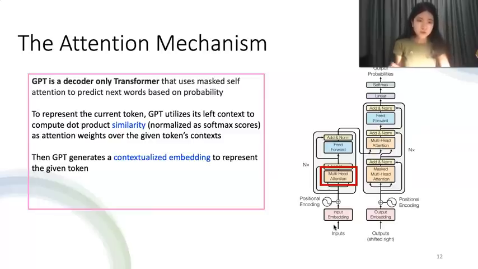But if you are using your context to represent this word or this token, then you can get a different representation for the same word type every time, depending on your context. So if this word is polysemous, if this word has different meanings depending on its context, then this representation will be more flexible. So you will have a flexible, contextualized embedding to represent this given word, which is better.